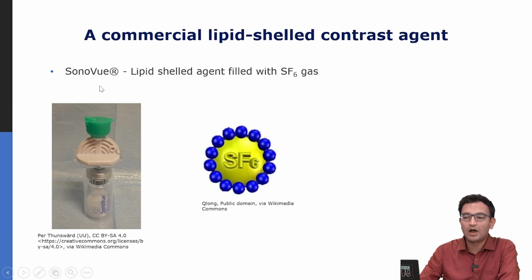It is approved in both US and UK and also available in India, and it is filled with sulfur hexafluoride gas. It is a very heavy gas. You may have seen some demonstrations where the speaker inhales sulfur hexafluoride gas or the speaker inhales helium.